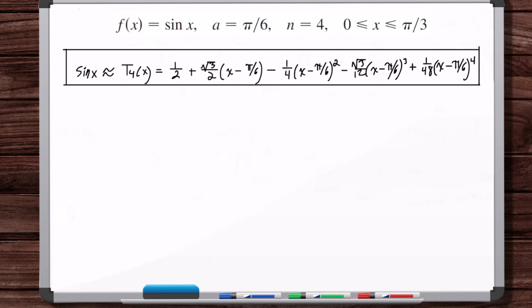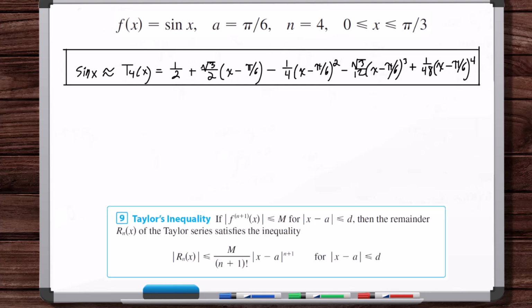So now let's do the error estimation. We know that sine of x is equal to the Taylor series, which is equal to T sub 4 of x plus R sub 4 of x.